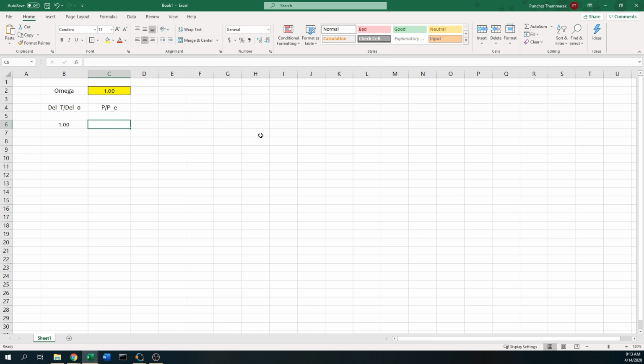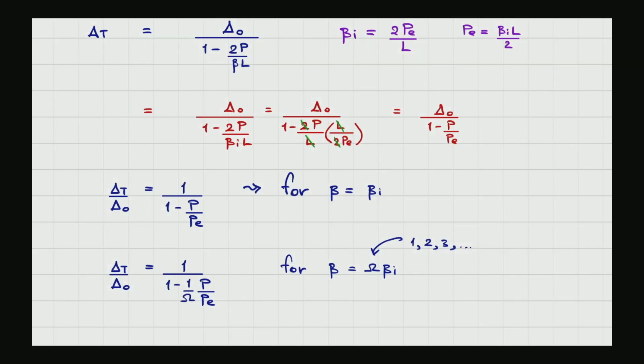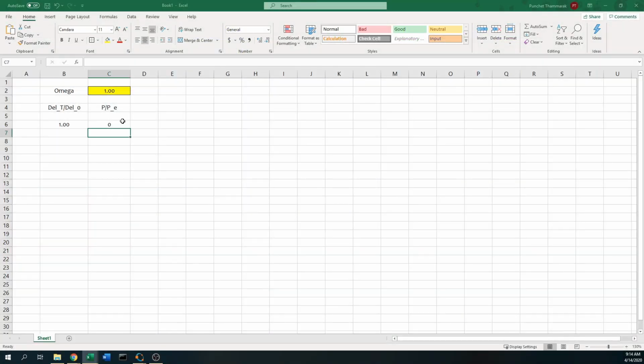So P over PE has to start from 0. Then delta will be computed from the P over PE, according to the equations that we cast like this. The P over PE comes first, and then you compute this from the function of P over PE. So okay, I switch it around. P over PE has to start from 0 when you do not have any axial force, and then make it 0.1, 0.2, and so on, all the way to 1.0, and that is the cap.